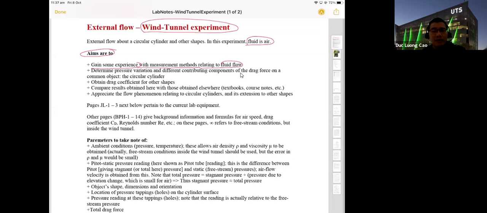Internal flow is our lab one, and external flow is our lab two. The second aim is to determine the pressure variation and the different contributing components of the drag force on a common object, the circular cylinder. When air flows over this cylinder, we will have a force F applied to it, and this force we call the drag force.